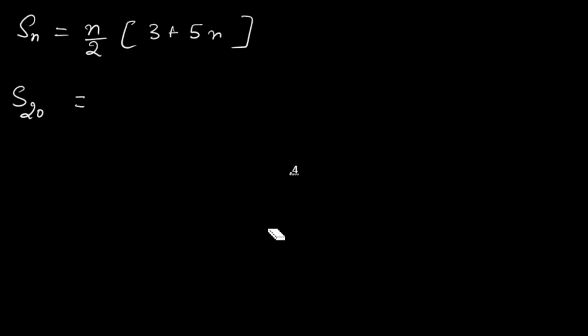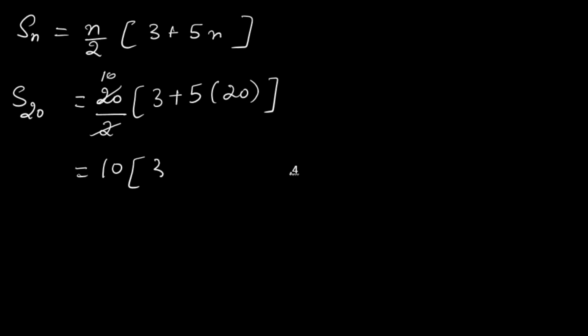So 20 by 2 into 3 plus 5 into n's value, 20, I am substituting here. So this will become 10.